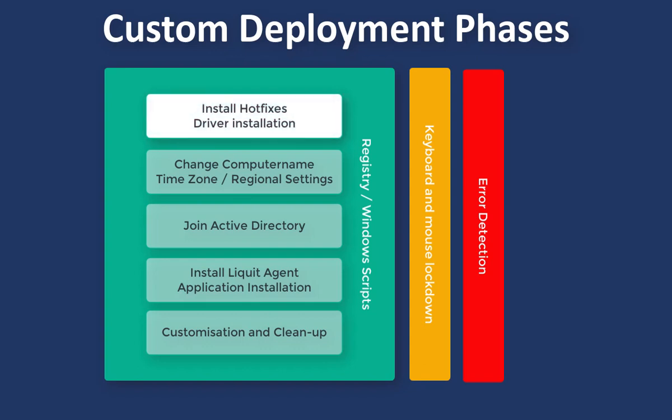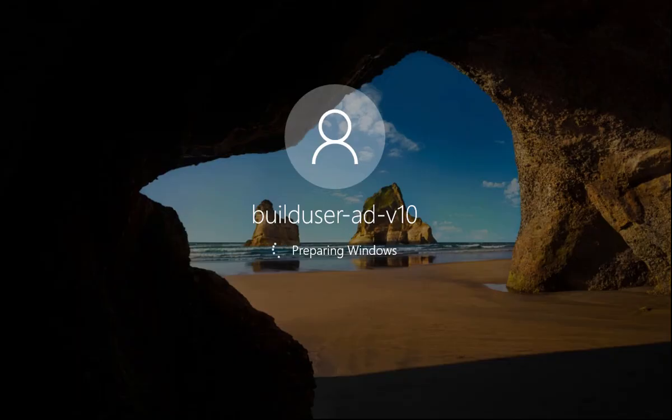In phase 0, hotfixes and drivers are installed. The computer name is set along with the time zone and regional settings. The machine is joined to Active Directory, if configured. The Liquit agent is installed and then runs the appropriate deployment to install applications.